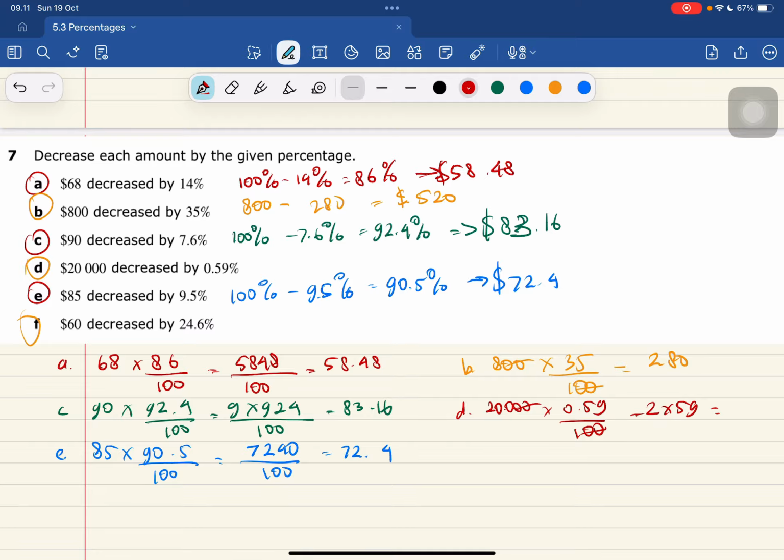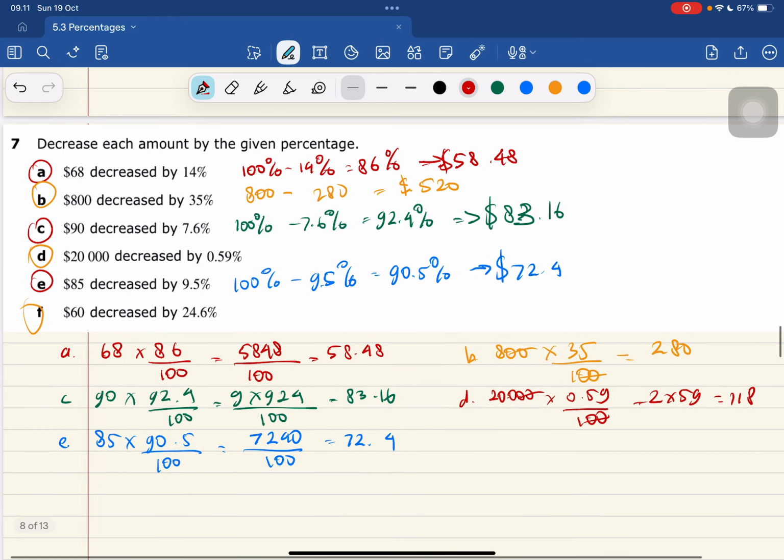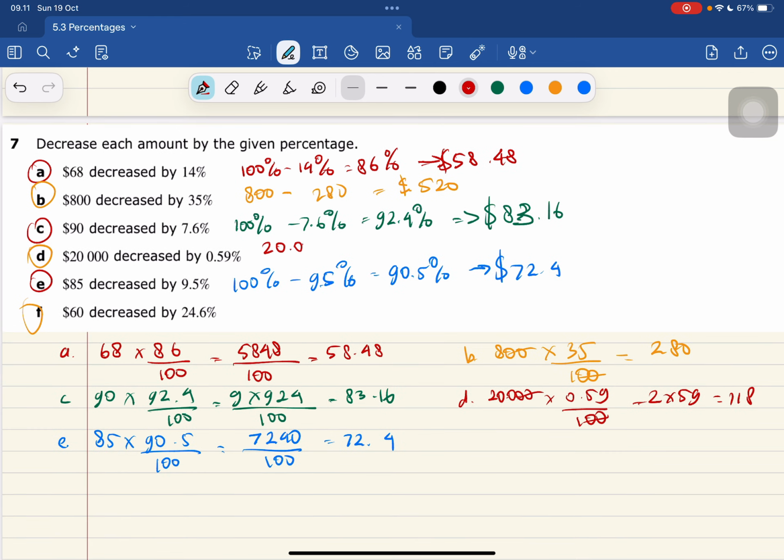So we got 2 times 59 is 118. So 20,000 minus 118, which will give us the answer of 19,882.